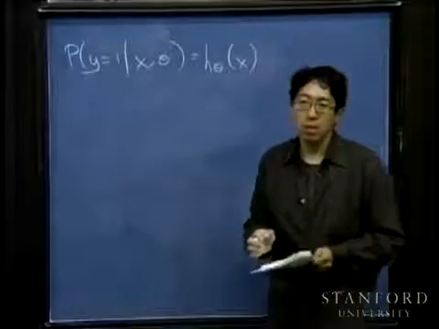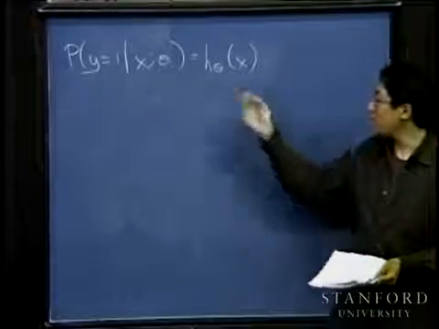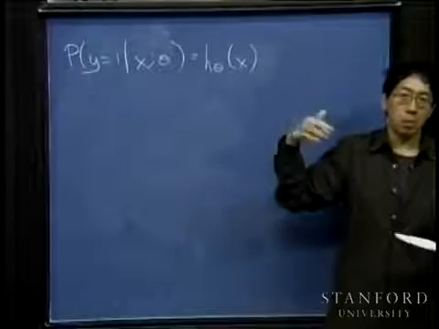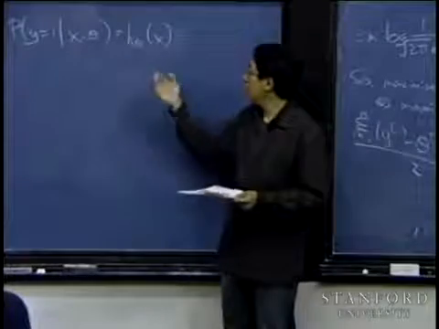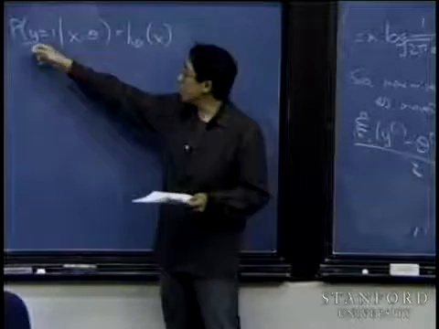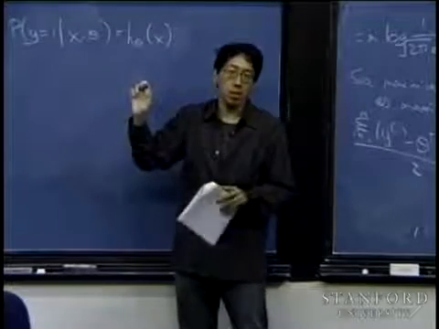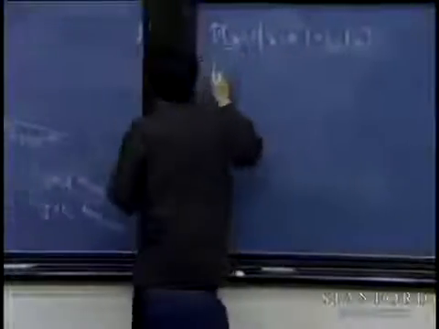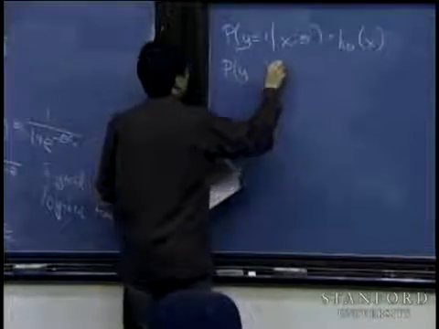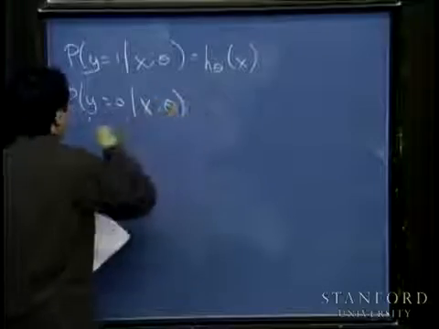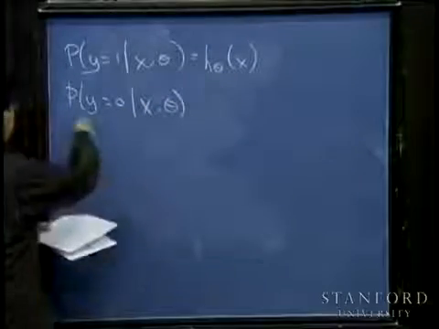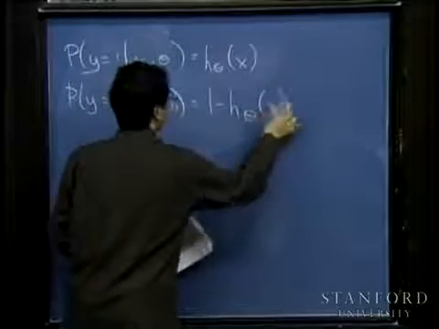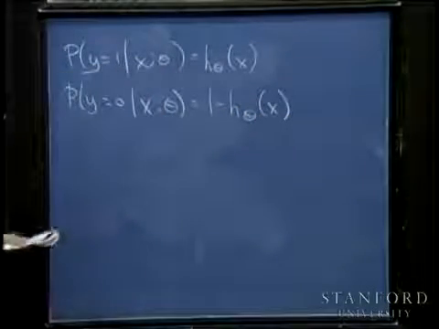In other words, I'm going to think of my hypothesis as trying to estimate the probability that y is equal to 1. And because y has to be either 0 or 1, the probability that y equals 0 is going to be that.